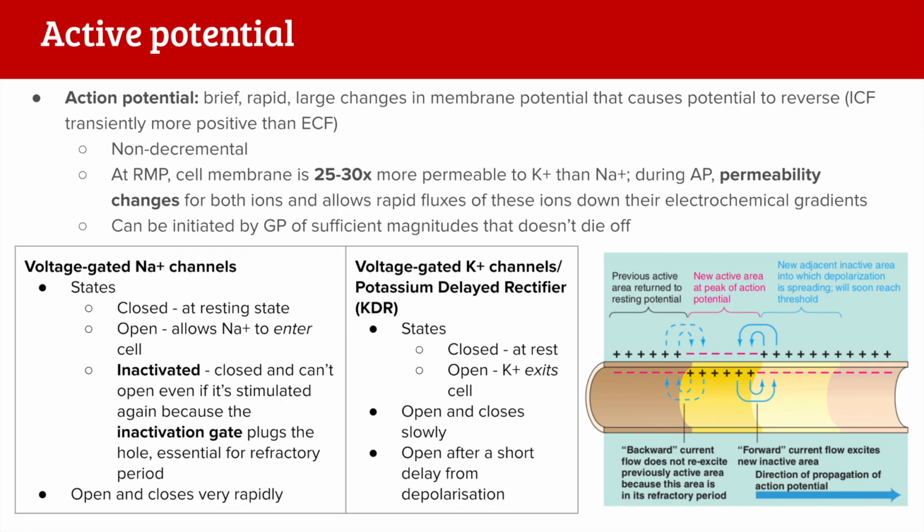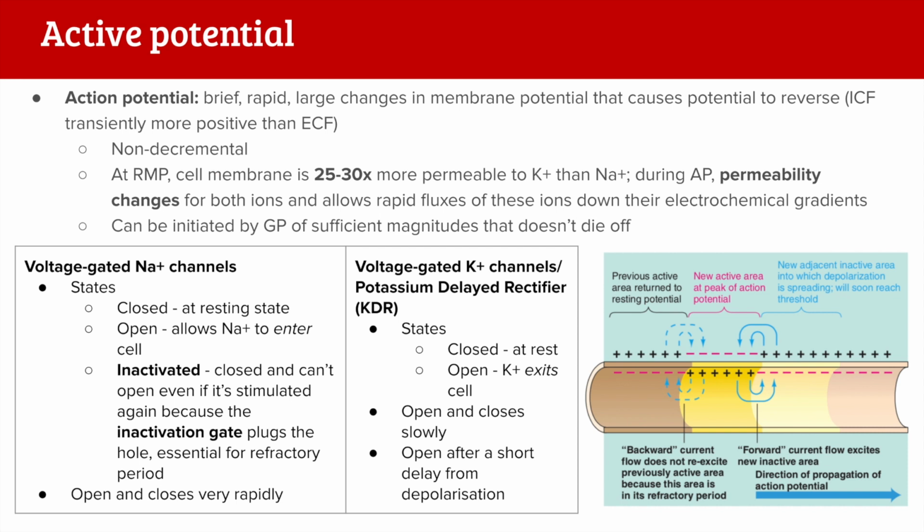Now we're going to move on to an action potential. An action potential is a brief, rapid, large change in the membrane potential that causes the potential to transiently reverse, the inside relative to the outside, and they're non-decremental. Like I said, they're all or nothing. Once it happens, it goes down the whole neuron, and it doesn't die out.